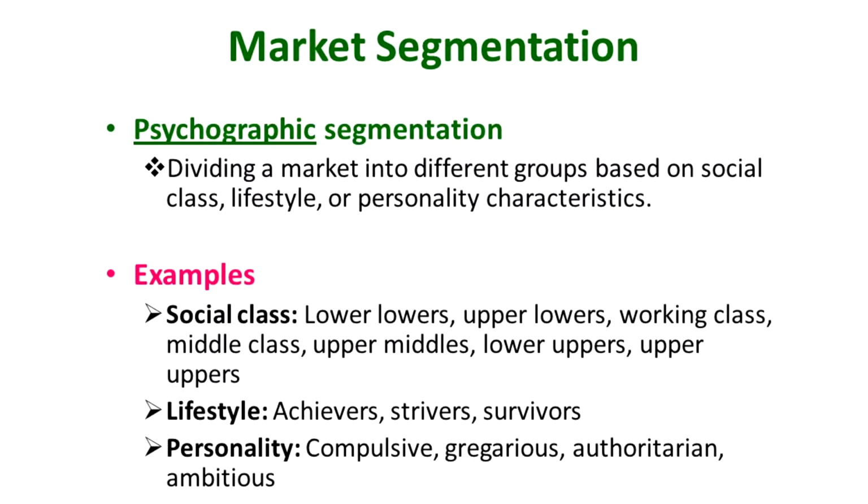Psychographic segmentation, or dividing a market into different segments based on social class, lifestyle, and personality characteristics. We have already looked into social class, lifestyle, and personality in the previous lesson.